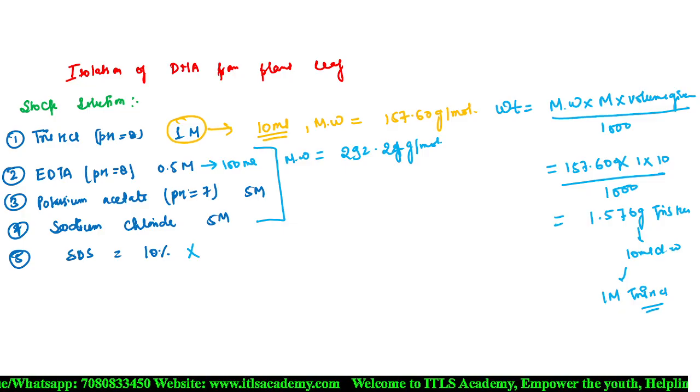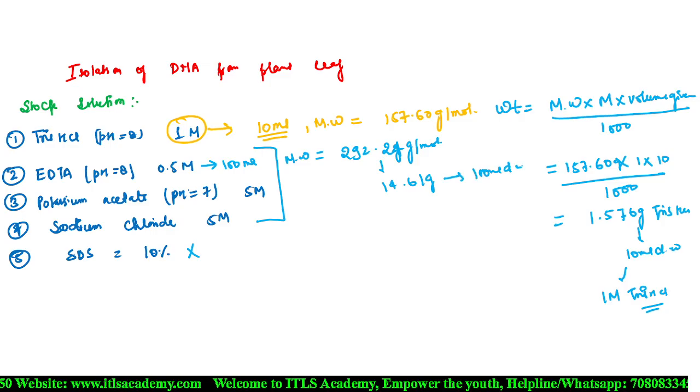Again, you have to use this formula: 0.5 multiplied by 292.24 multiplied by 100 divided by 1000. So you will get 14.61 grams of EDTA in 100 ml of distilled water. Then you get a concentration of 0.5 molar.